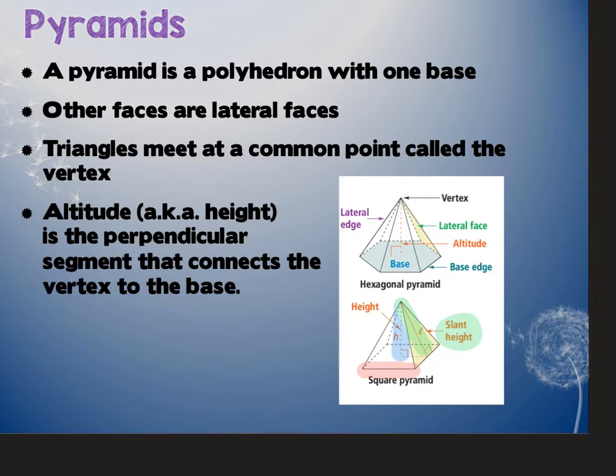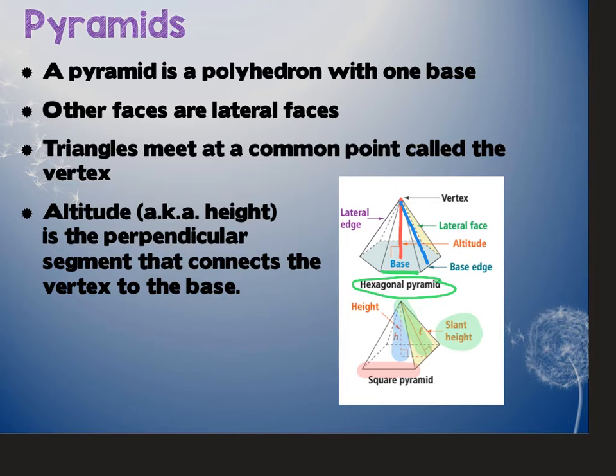Slant height runs along the middle of the side of your pyramid, and it is slanted. Okay, that's the name slant height. So that's a square pyramid. In something like a hexagonal pyramid, here's your base edge, here's your altitude or height, and then along the side here would be your slant height.